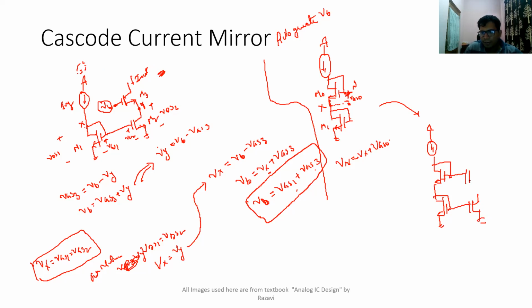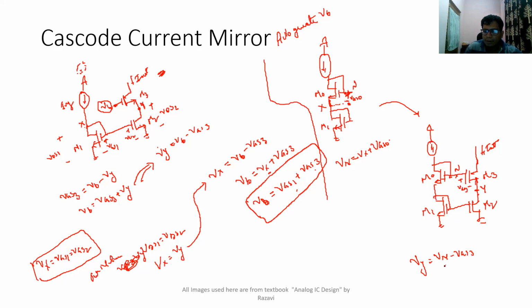Instead of connecting VB to the M3 transistor, I am connecting the node N to the M3 transistor. So this is your M1 transistor, M0 transistor, M2 and M3 transistor. Now for the M3 transistor, because it is connected to node N, what will be the voltage at this Y? The voltage at Y, that is VY, will be equal to VN, this voltage, minus its gate to source voltage VGS3.